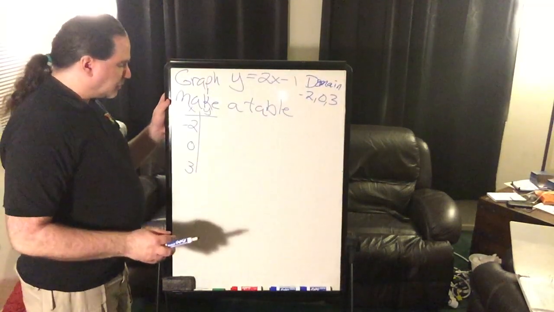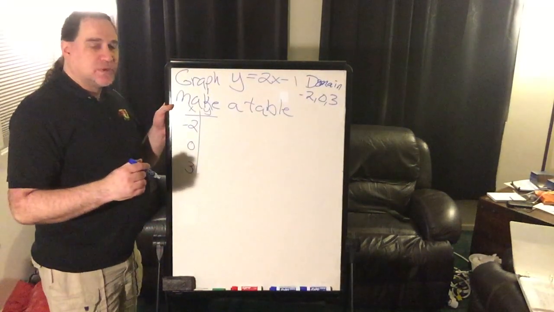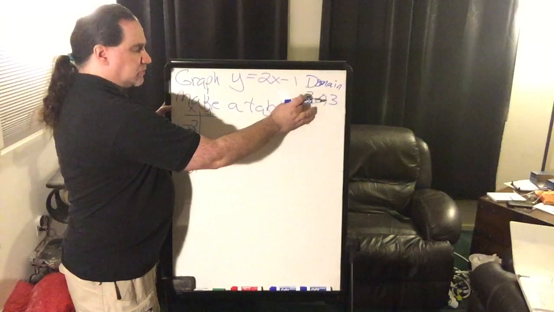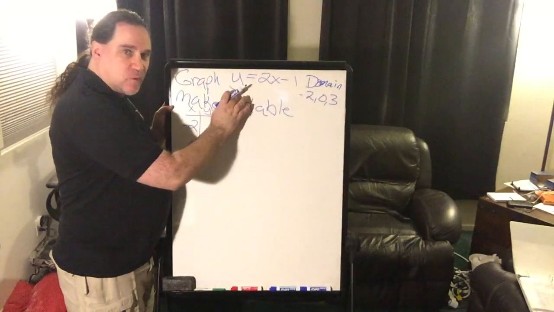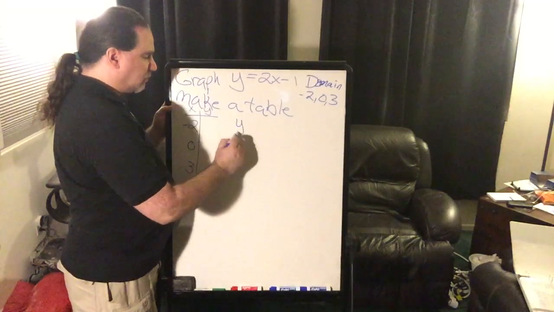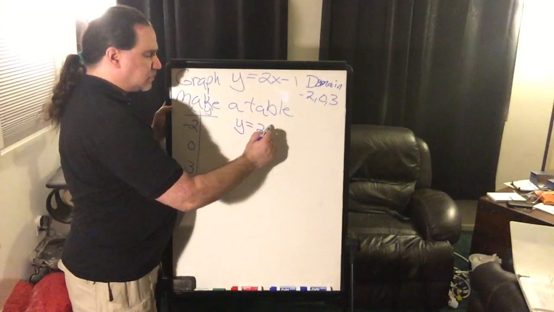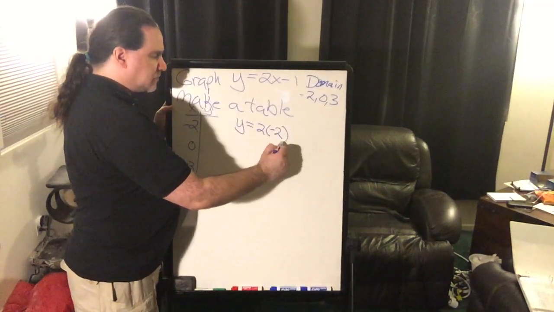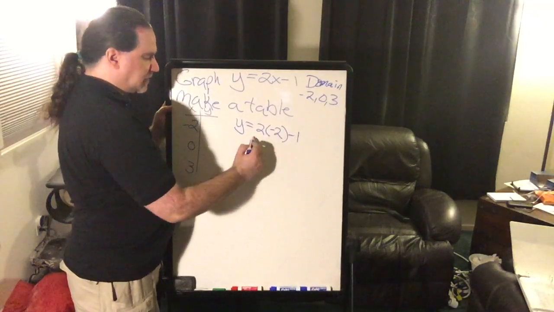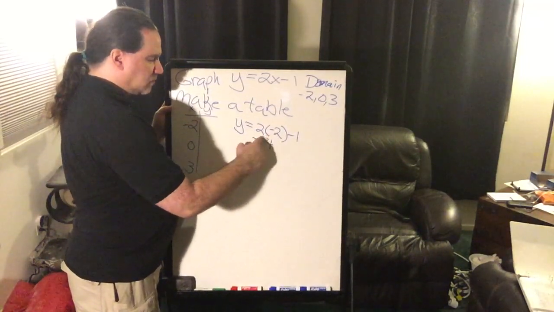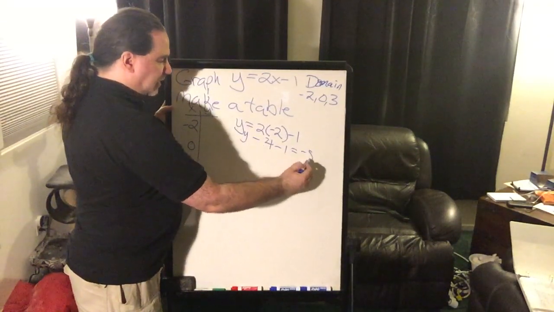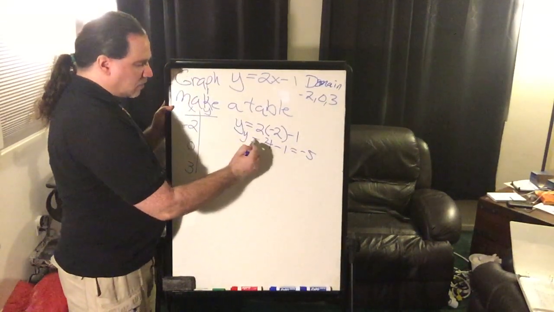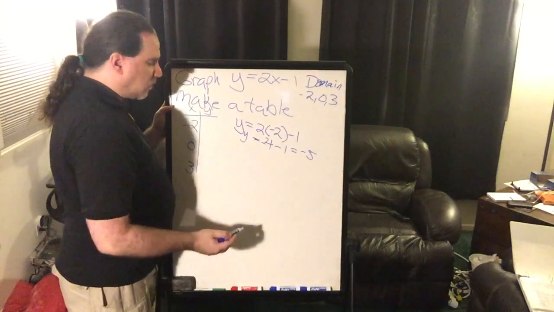What they're asking you to do is to put this -2 where the x is and solve it for the y value. So they're saying, okay, well, y equals 2 times -2 minus 1. Well, 2 times -2 is -4. -4 minus 1 is -5, and that is my y value.